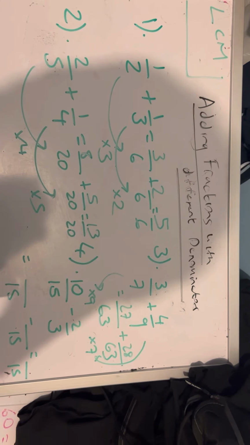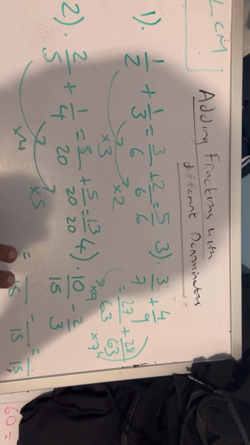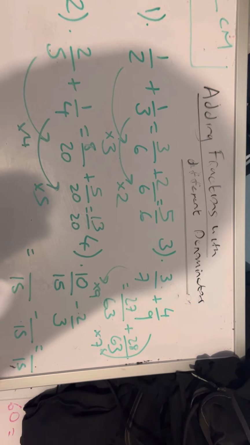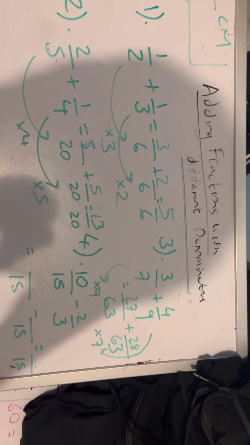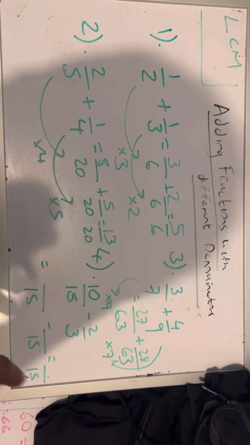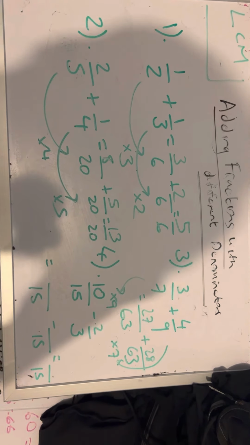So I have 10/15 minus 10/15, which is equal to 0/15. So the answer to question 4 is just equal to 0, because 2/3 is equivalent to 10/15.